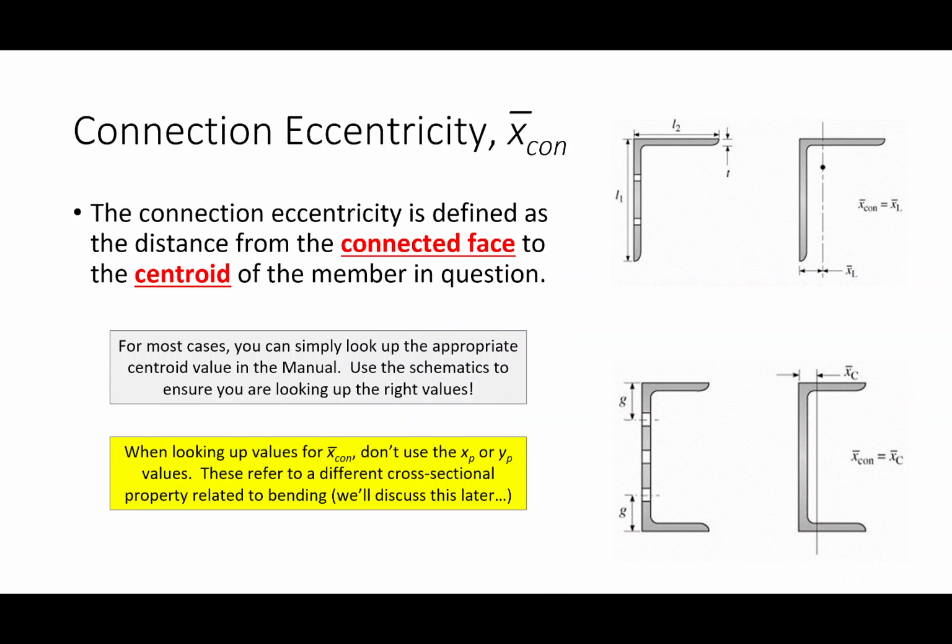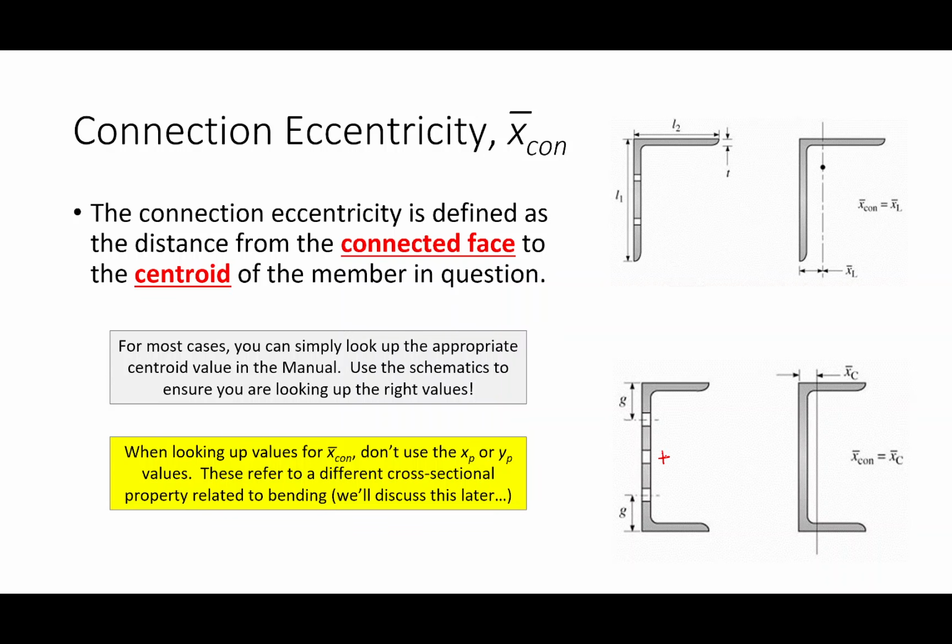For example, if I look here at the channel, the C shape at the bottom, I have a section that is definitely going to be case 2 applicable because only some of the cross-sectional elements are connected, in this case the web, but not the flanges. And I propose that my connection eccentricity is from the connected face to the centroid. The centroid for a channel is going to be somewhere about right there.